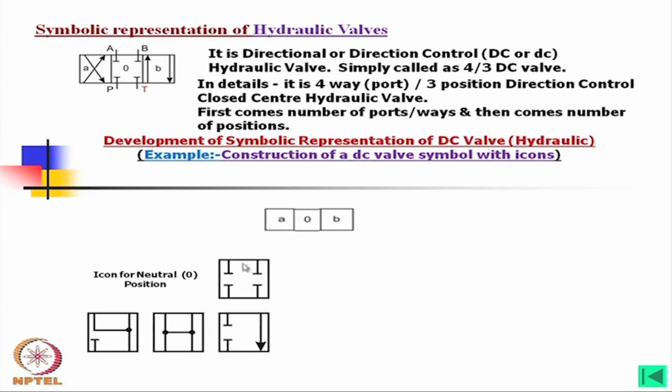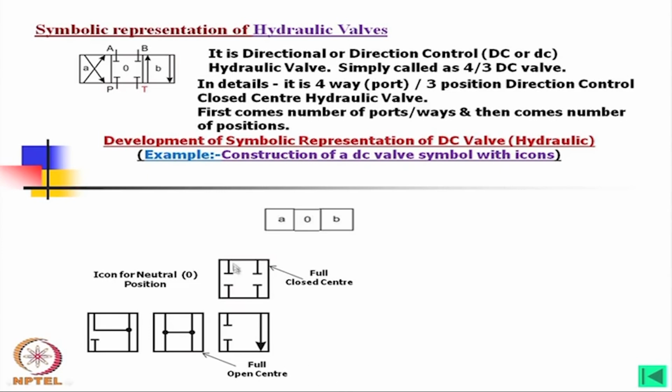Now, in these 3 compartments, the middle one is the neutral, and for the neutral one we can choose either this icon or this icon or this one or this one. Now, this one is full closed center, that means all the ports are closed when it is in neutral position. Contrary to that, if I use this symbol, this will be full open center.